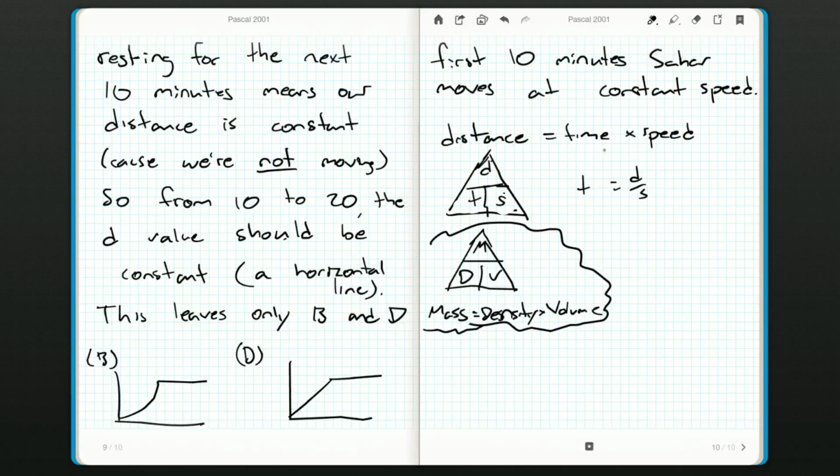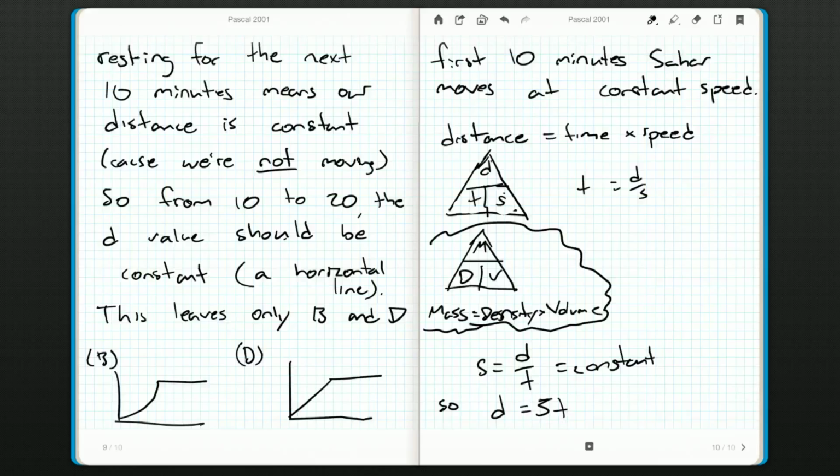But we're talking about distance, time, and speed, and we know his speed is constant. We know Sahar's speed is constant. So speed is distance over time is constant. So we'd get something like the distance is 5 times the time.